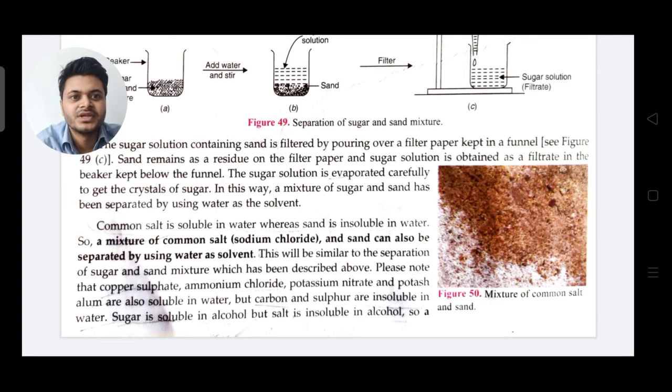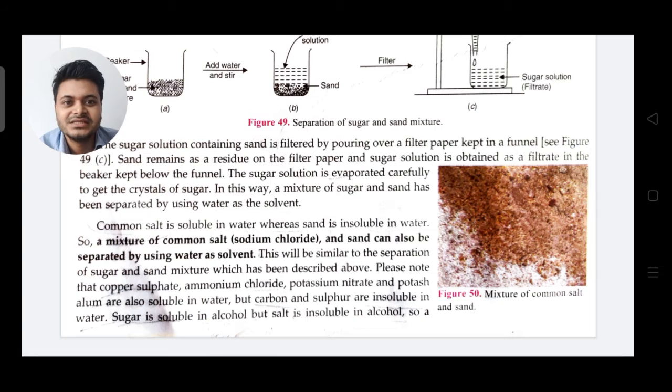This is similar to the separation of the sugar and sand mixture described above. You should note that copper sulfate, ammonium chloride, potassium nitrate and potash alum are also soluble in water, but carbon and sulfur are insoluble in water.